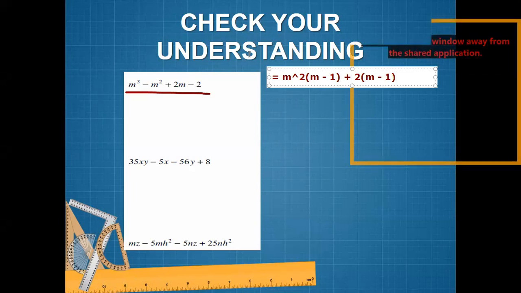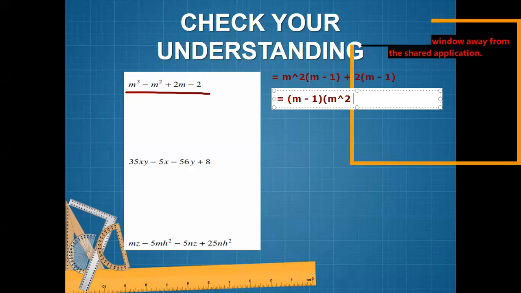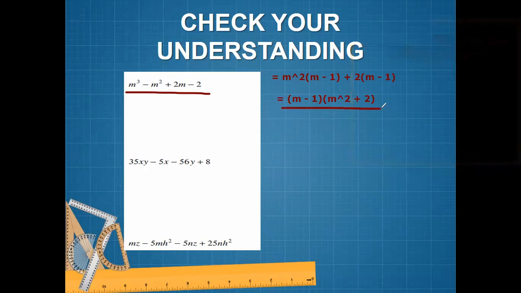In this case, the GCF is n minus 1. So this will be n minus 1 multiplied by n squared plus 2. This will be the answer for this particular problem.